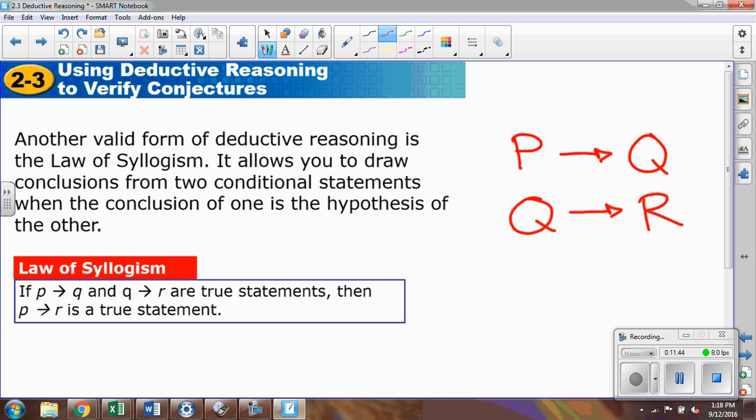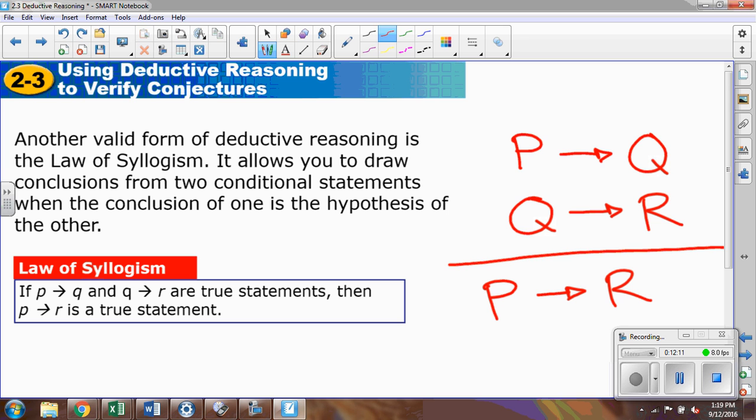Syllogism tells us that if we have these 2 things, basically P causes Q, and then Q causes R, together, we can just cut out the middleman and get P causes R within a chain. That's syllogism.